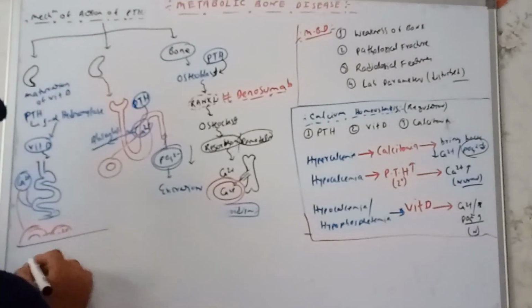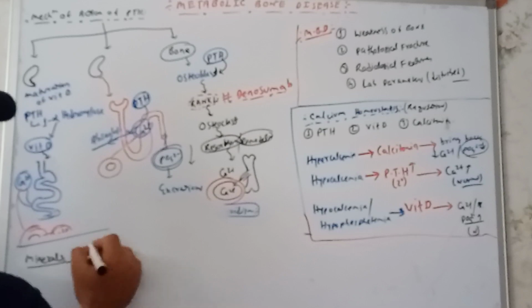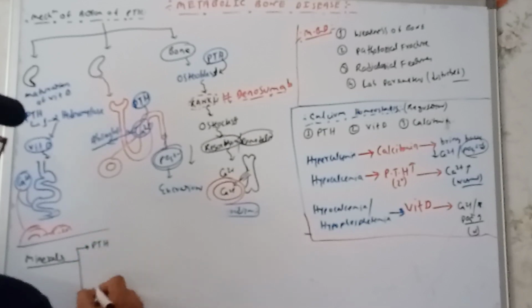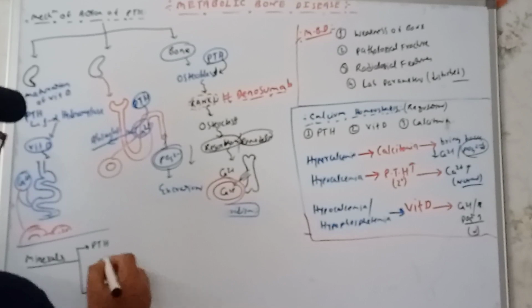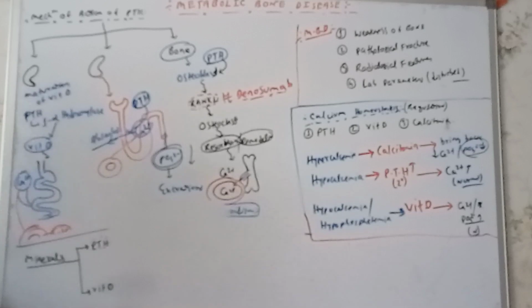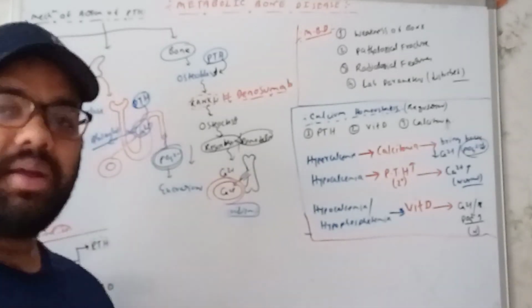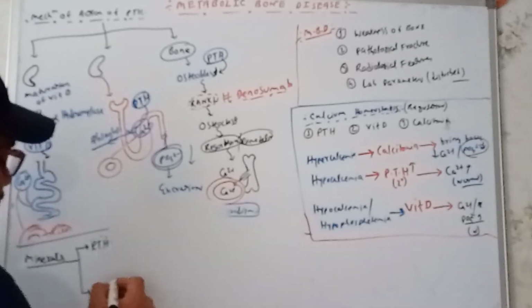At first we'll talk about the minerals. Minerals are basically regulated by what? The parathyroid hormone and vitamin D. Parathyroid hormone, for example, is working normally, but if we see deficiency of vitamin D at the mineral level, what kind of manifestations can we see?